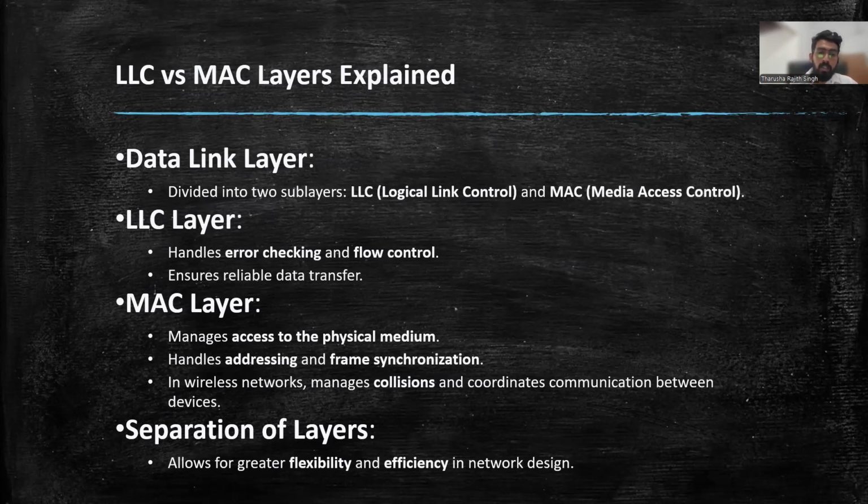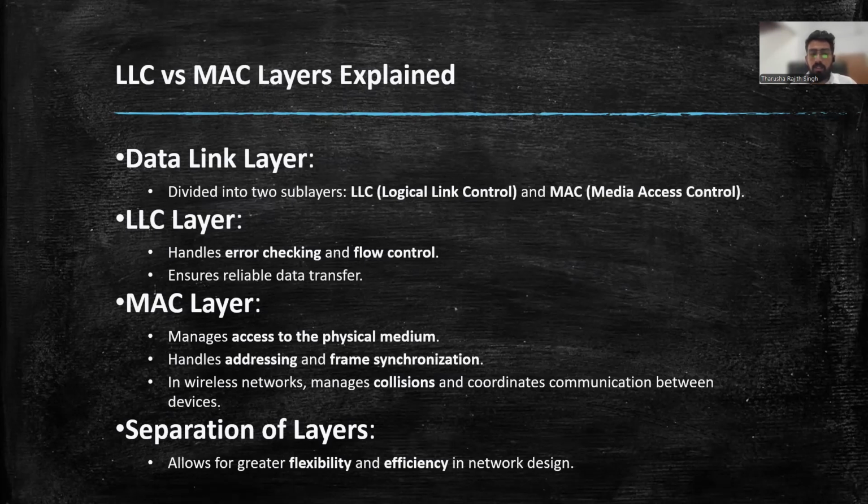The logical link control, that means the LLC layer, handles error checking and flow control, ensuring reliable data transmission. But the media access control, that means the MAC layer, manages access to the physical medium, addressing, and frame synchronization.